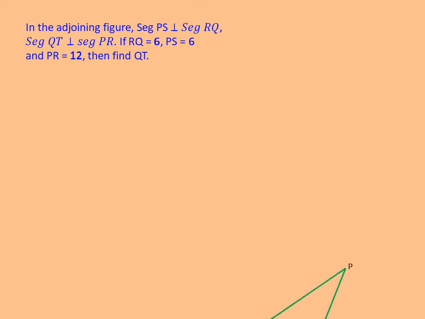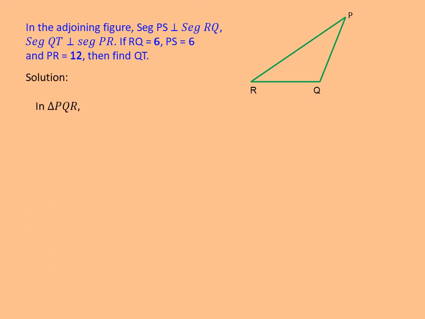Next sum, we have the adjoining figure. PS is perpendicular to segment RQ. You can see the triangle PQR. You have observed that the triangle is of obtuse type. So let us see what happens. Solution: in triangle PQR, we have base RQ.